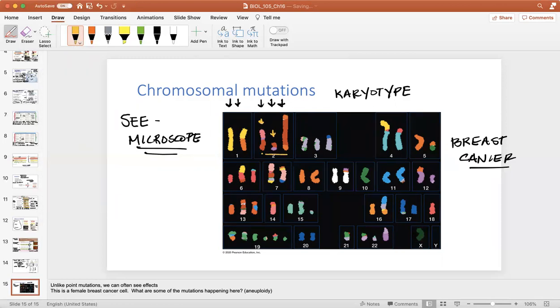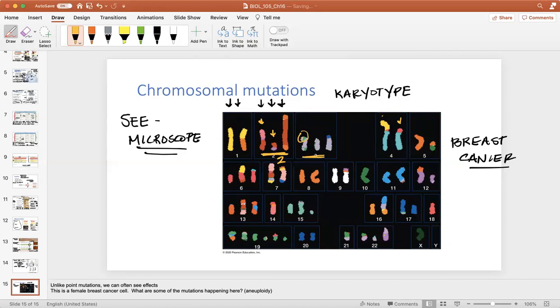We also have 3 copies of chromosome 3, okay? I'm sorry, this is chromosome 2. On chromosome 3, it looks like we've actually gotten some extra genetic material from somewhere, and again, we have 3 copies. Chromosome 4, we've either lost information here or we've gained information from somewhere.